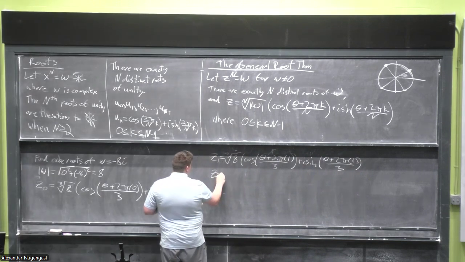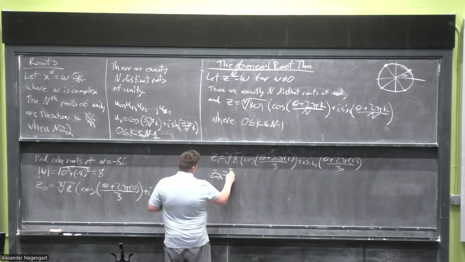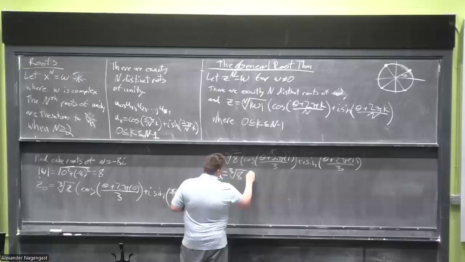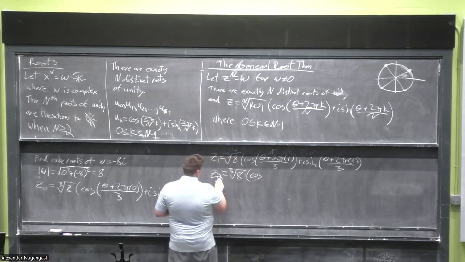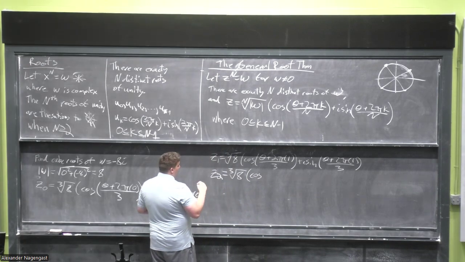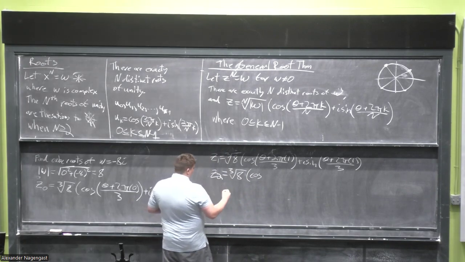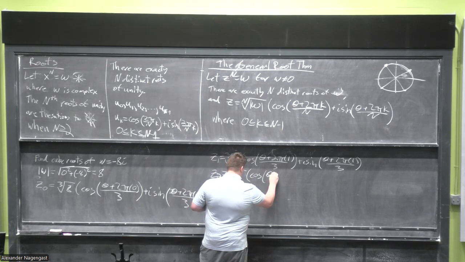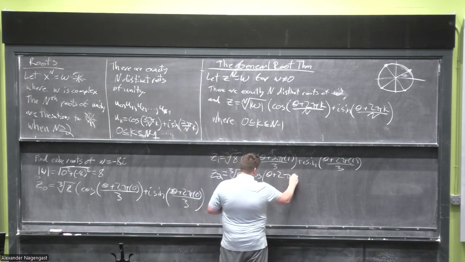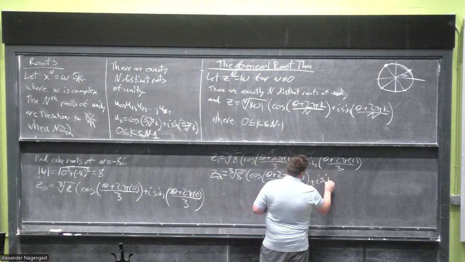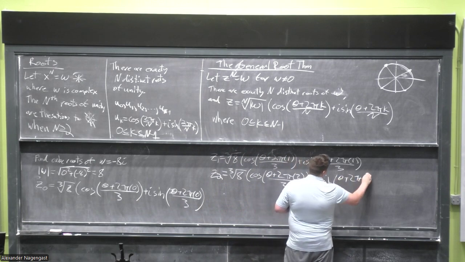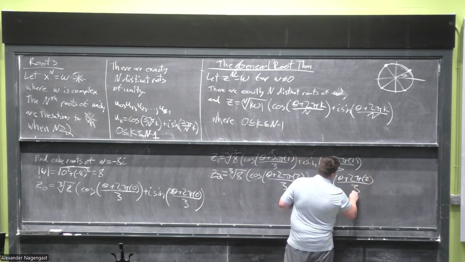And our third one is z2, which is equal to cubic root of 8 times cosine of theta plus 2 pi times 2 all over 3 plus I sine of theta plus 2 pi times 2 all over 3.